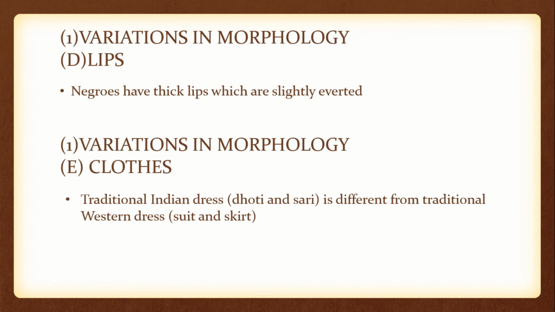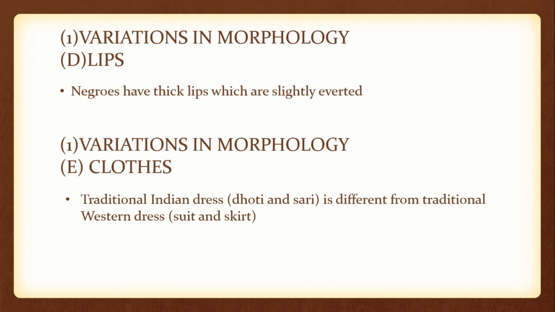So on the basis of clothes as well, obviously this doesn't ensure 100% identification of the race of an individual, but this helps us in identification of the race of a living individual.